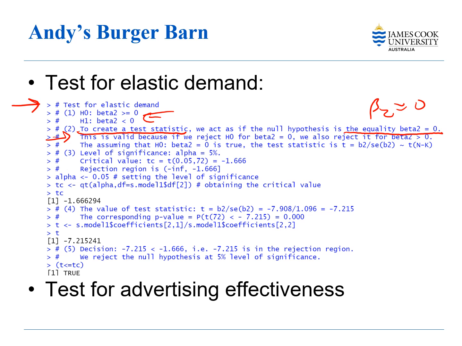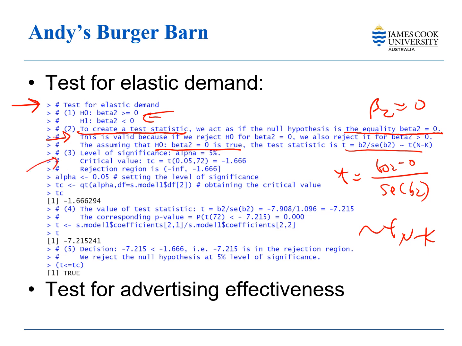So let's assume that this is true, and we can create the t statistic. t is equal to b2 minus 0 divided by the standard error of b2, which has a t distribution with n minus k degrees of freedom. That's step 2.